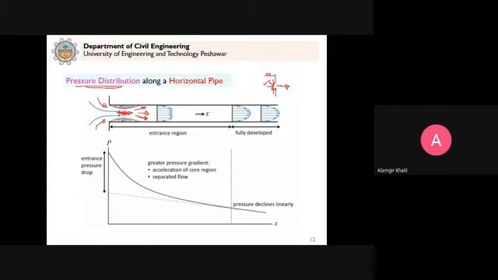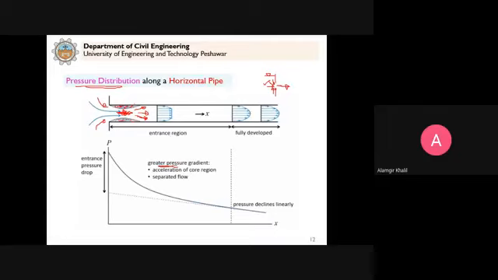Eddies will form. And this we already discussed in detail when we were discussing the entrance loss, if you remember, in the minor losses. So because of this, you have this formation of eddies here, and you have acceleration of velocity here. So because of this, there will be a drop in the pressure. And because of this situation, we have a greater pressure gradient.